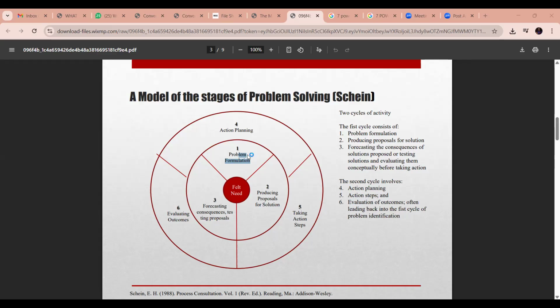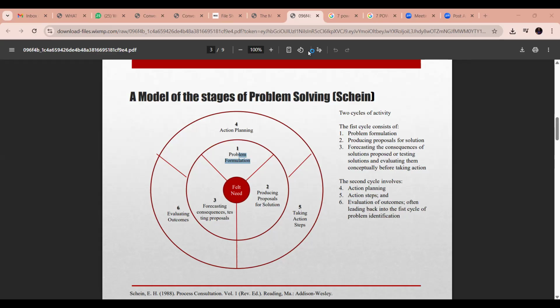Then the first thing we do is what we call problem formulation: to clarify it and develop a problem statement. This is the first step under this model.